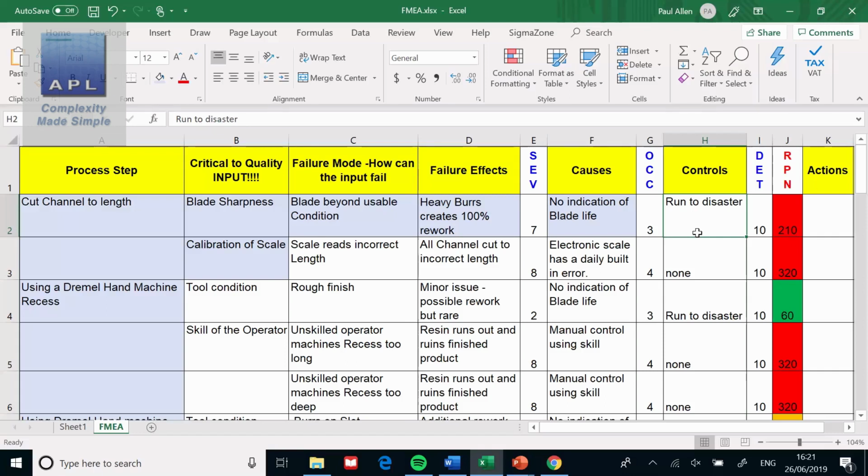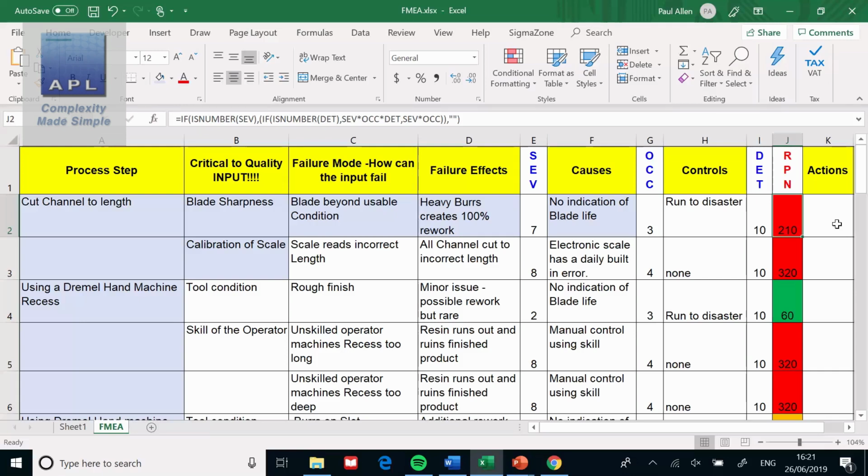No control whatsoever. And you can see if I work out the risk priority number, 7 times 3 times 10, I get 210. For me, the worst I can be with my scoring system is 400. So for me, above 200 is something that is clearly actionable.